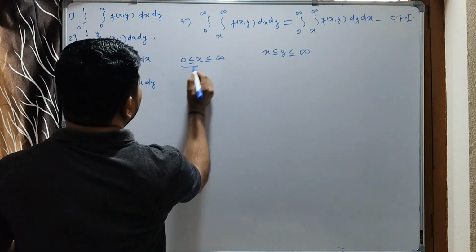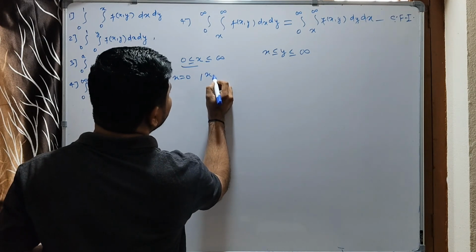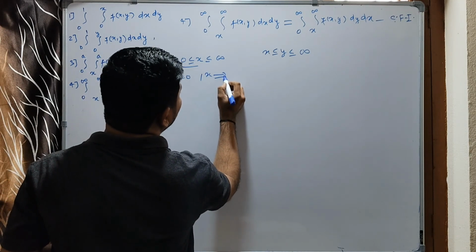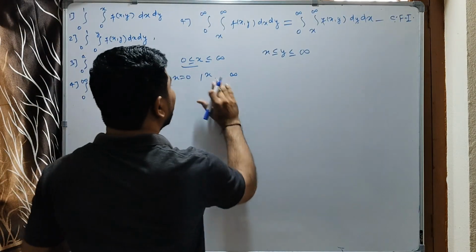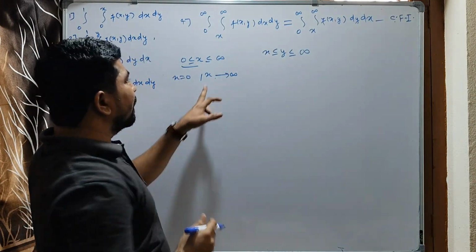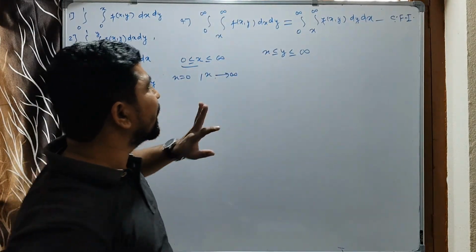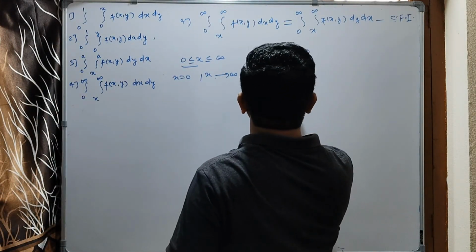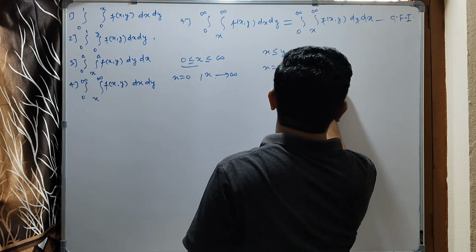At the left end x equals 0, and x extends up to infinity in the positive direction of the x axis, and x equals y, and y rises up to infinity.